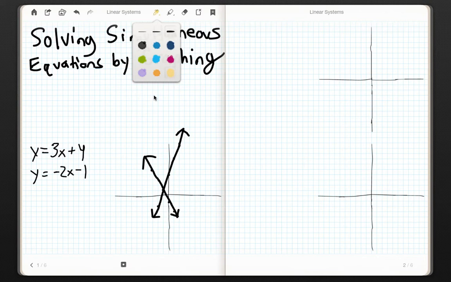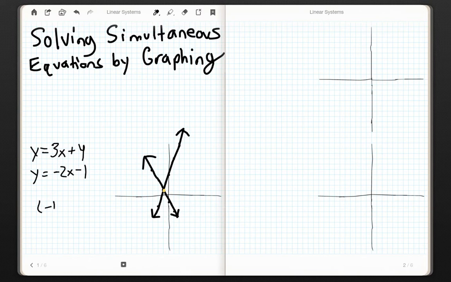And from this graph, we can clearly see that the point of intersection is right there at point negative 1, 1. And that is the solution to both of these equations.